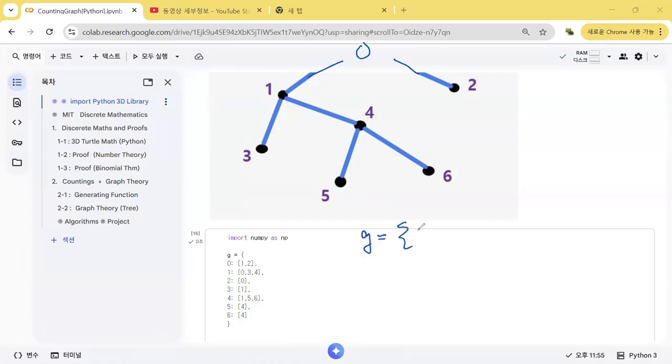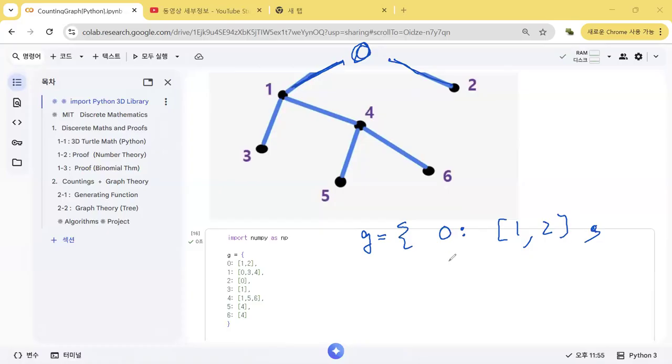The dictionary, then, okay, for vertex zero, vertex one and vertex two are connected, because from this vertex, to vertex one and vertex two, there is a connection, okay?